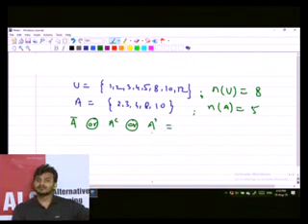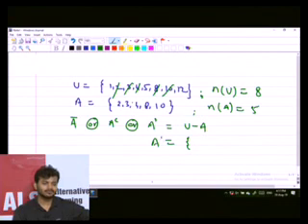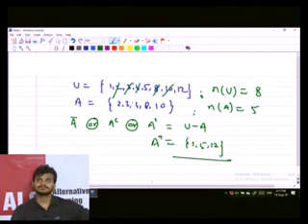So when you talk about A complement, your answer would be U minus A. This is the complement of set A. I write the elements present in set U and subtract the elements which are in A. Out of 2, 3, 4, 8, 10, if I cancel them, we get the A dash set, which would be 1, 5 and 12. Is it okay?